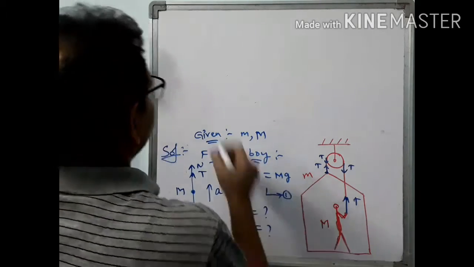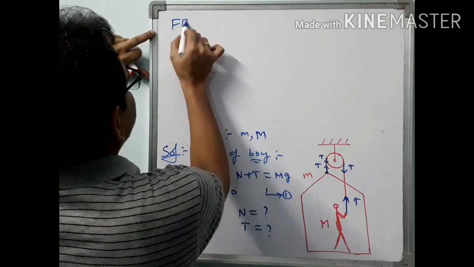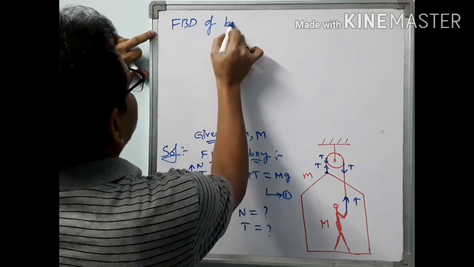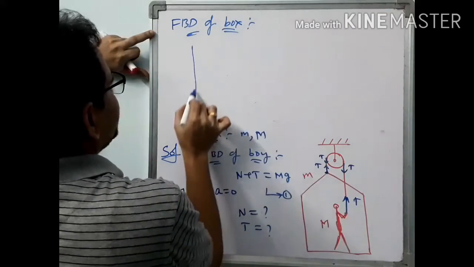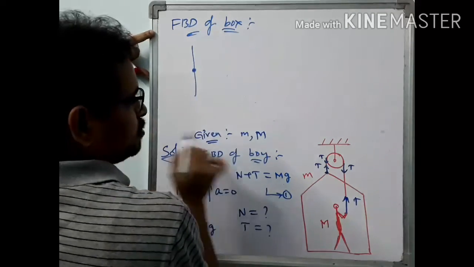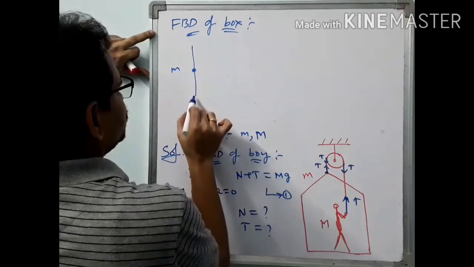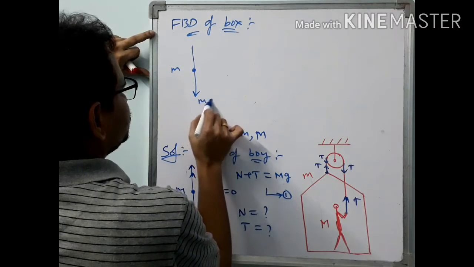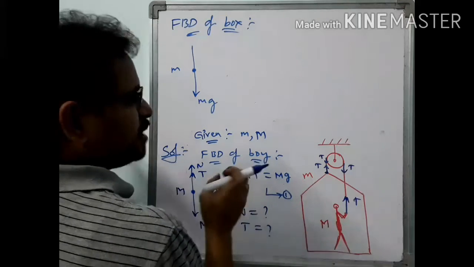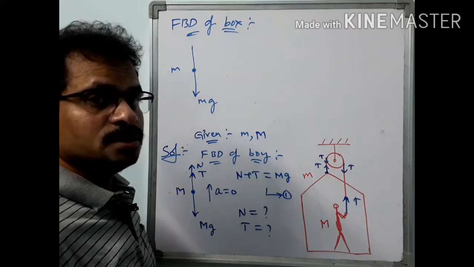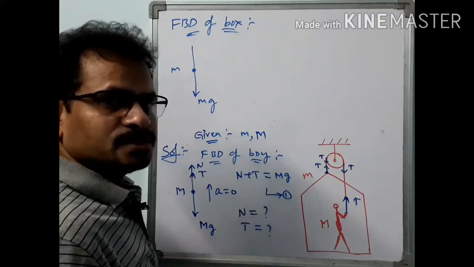So let us choose now the FBD of the box. Let me take it as a point mass. What is the mass of the block? m. The first force is the gravitational force acting on this, mg downwards. Gravitational force is an external force to every system we choose.